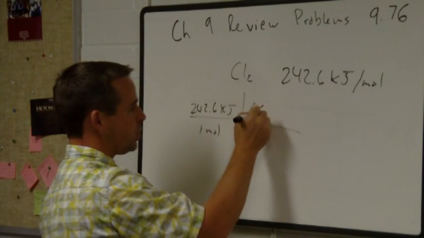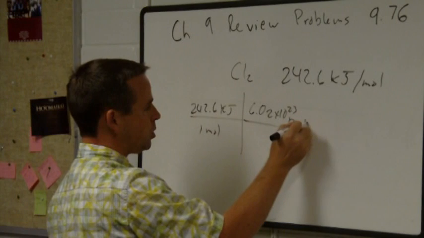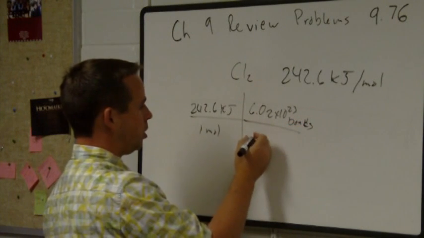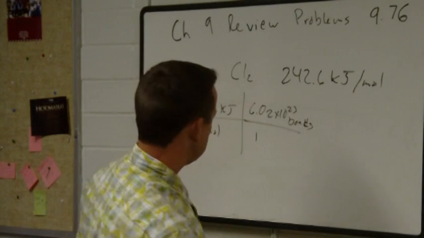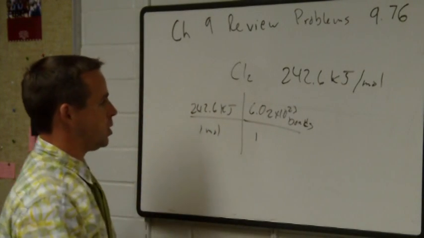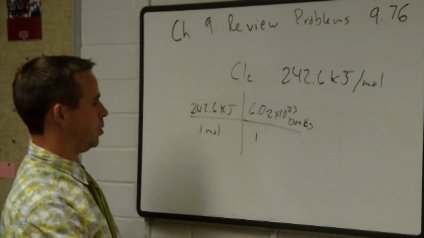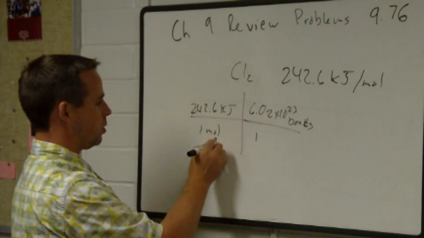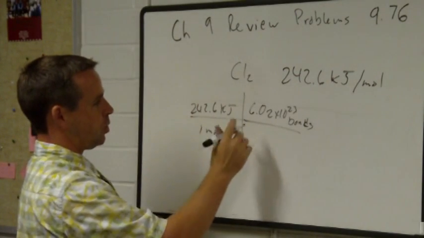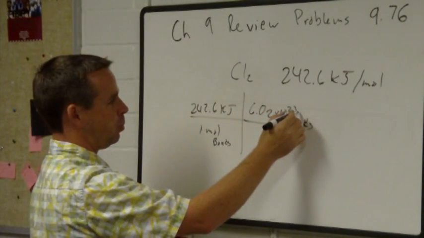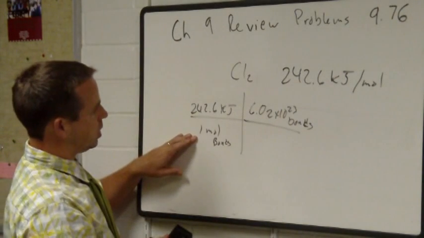Well, there's 6.02 times 10 to the 23rd bonds in 1 mole of bonds. That's how much energy per mole of bonds.